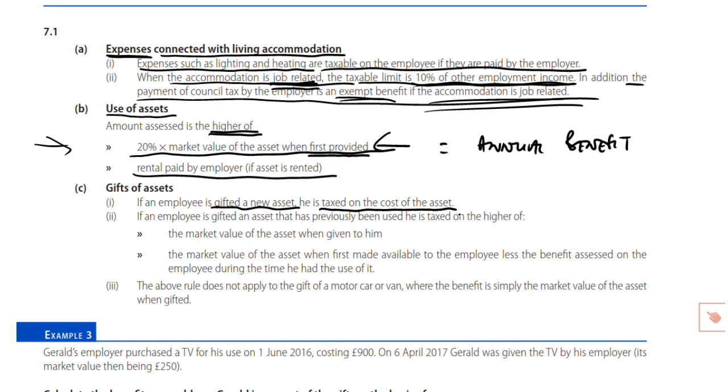The usual circumstance we get for exam is this one. The employee is indeed gifted an asset that has previously been used. Then he is taxed on the higher of. Obviously, one of the figures has to be, so what's it worth when they gift it to the individual? The market value of the asset at the date of the gift.